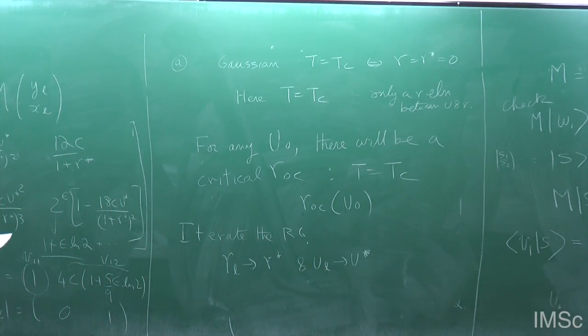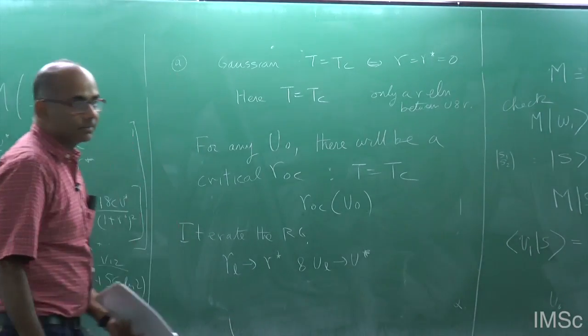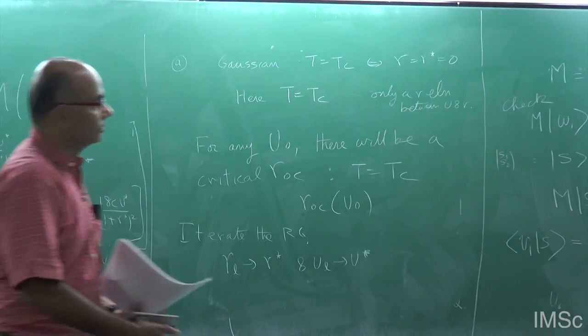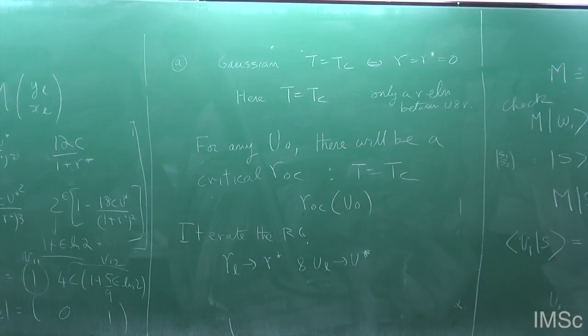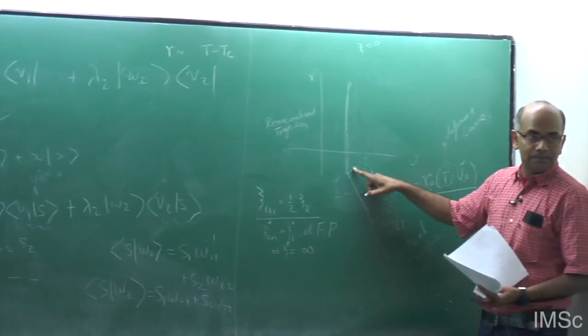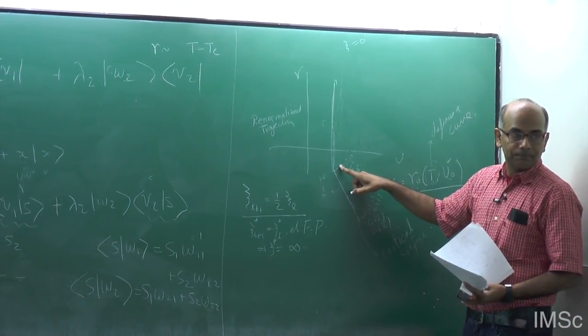Can this R naught C be on either side of the fixed point, or only one side? What do you mean, side? You have drawn this asymptotic line, right? This line ends at that fixed point.